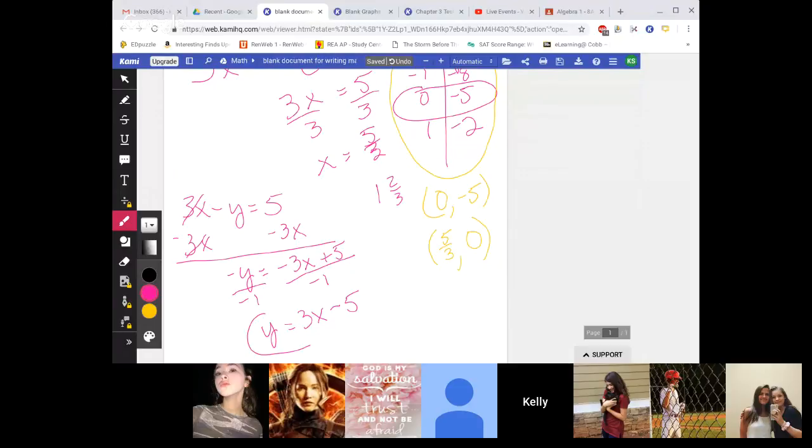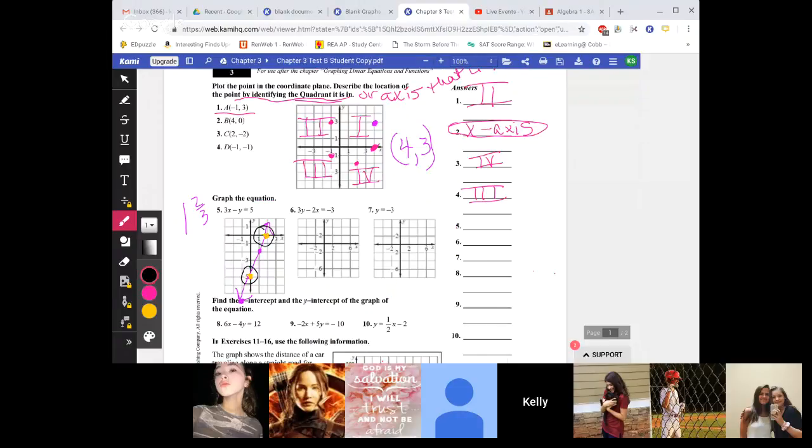So if I were using this to graph the line, which is my personal favorite method, but it doesn't mean it has to be yours, I would have graphed the negative 5. And then I would have used my slope, which is 3, because the slope is the leading coefficient on the x term.